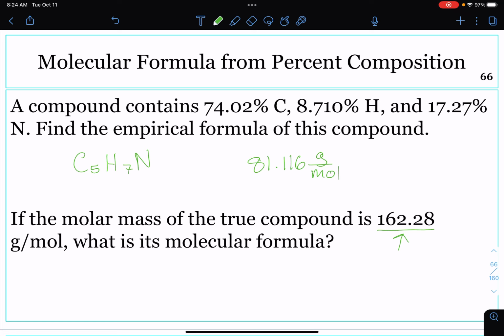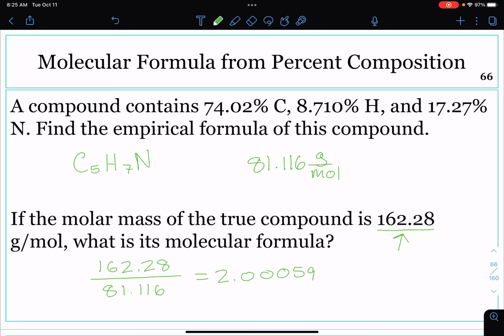Now we can compare, or in fact divide, the masses. So let's take our 162.28 grams per mole and divide it by the 81.116. When you do this, you get 2.00059 plus some more digits. This is very close to a whole number of 2.